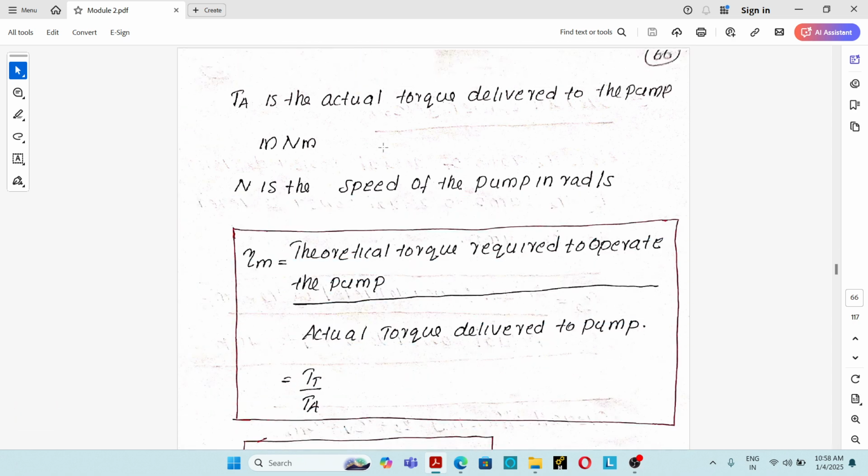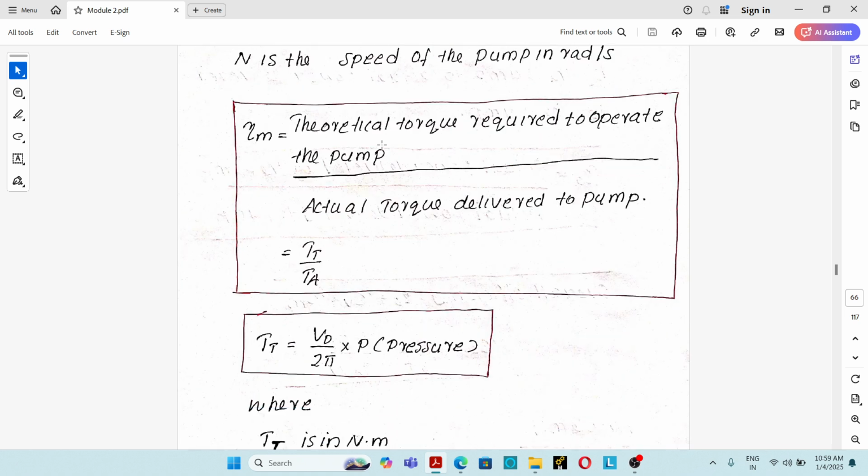The mechanical efficiency can also be defined in another manner: it is the ratio of the theoretical torque required to operate the pump divided by the actual torque delivered to the pump, TT divided by TA.